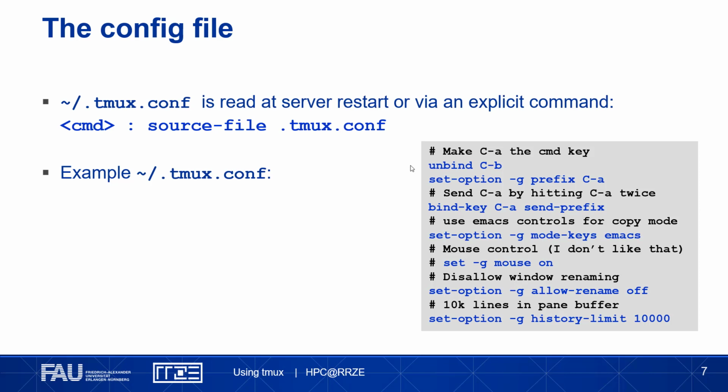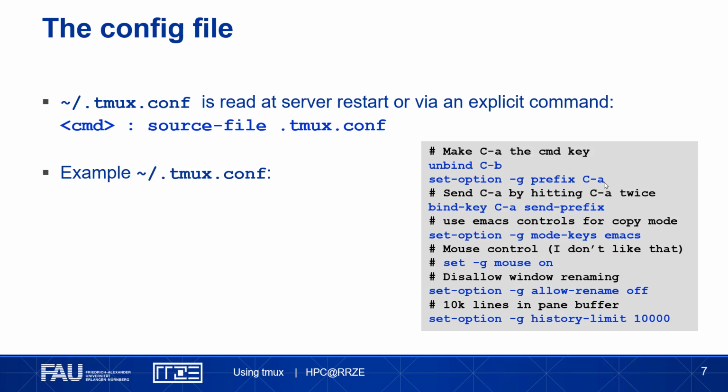I like Control A because I was used to screen before, which is similar to tmux but much older. And so I like to make Control A the command key. To do this, I'm using the unbind command to unbind the command key from Control B, and then configuring Control A as the new command key by setting set-option -g prefix C-a. So now Control A is my new command key.